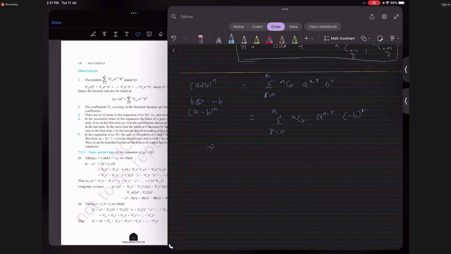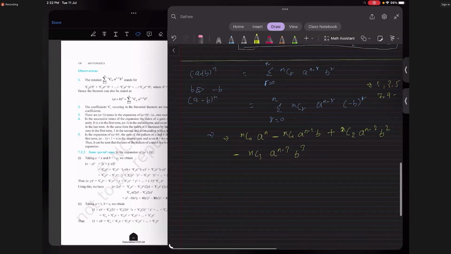हमें पता है कि ये निगेटिव कब होगा. So whenever r is odd, okay, like r equal to 1, 3, 5, 7, 9 and so on, then (-1) to the power odd is negative. So the coefficients: nC0 a to the power n, the first term would be positive, and nC1 a to the power n minus 1 b, the second term would be negative, and nC2 a to the power n minus 2 b squared, positive, and nC3 a to the power n minus 3 b to the power 3, negative, and so on.